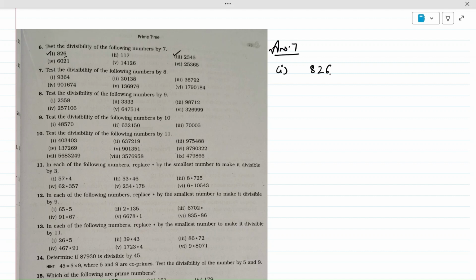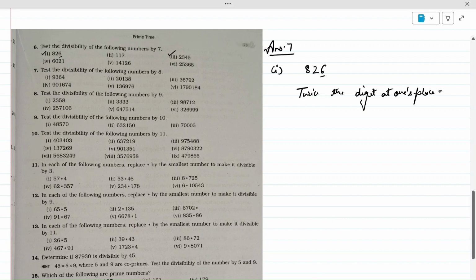So what is the digit at unit place? It is 6. And what are we going to do? We are going to double this digit. So twice the digit at ones place, that is 2 multiplied by 6, that is 12.